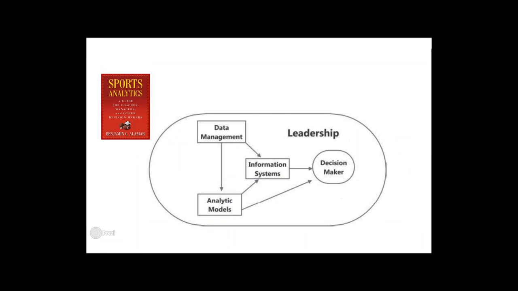And as I said, GPS is one of the parts of all the numerous data we collect. I highly suggest checking this book by Ben Alamar regarding all the data analytics. And as I said, we need to integrate the data, GPS as well.